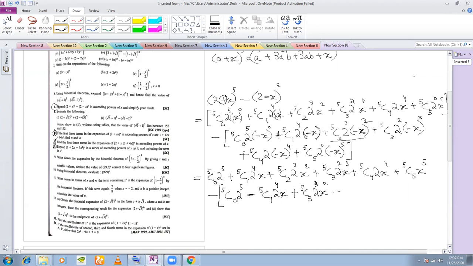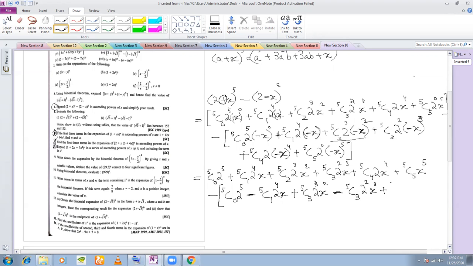Next, minus 5c3, and I have a minus x here raised to an odd power. So this will become a minus x cube. From the plus sign this will become minus 5c3 2 square into x cube. And again here you see a minus x to the power of 4, so this will become a plus x to the power of 4.